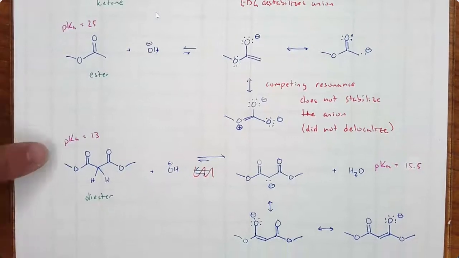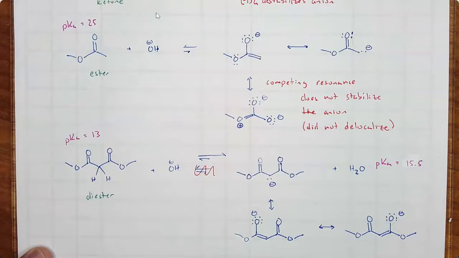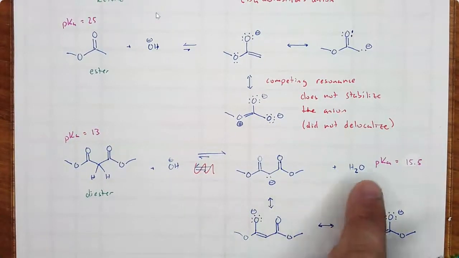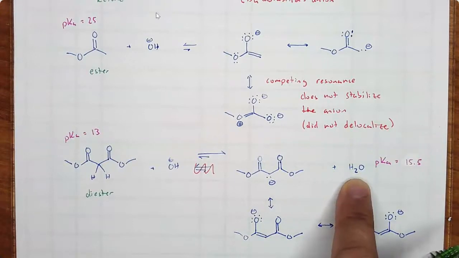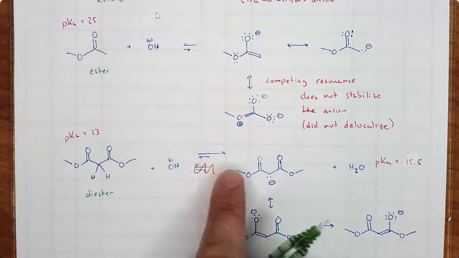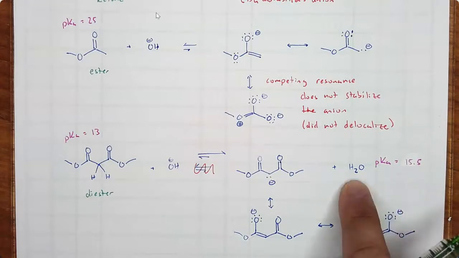Here we are comparing the diester with the monoester. The first thing that I didn't realize until I drew this water molecule is that the equilibrium arrow now supports the formation of the product because the weaker acid is water.